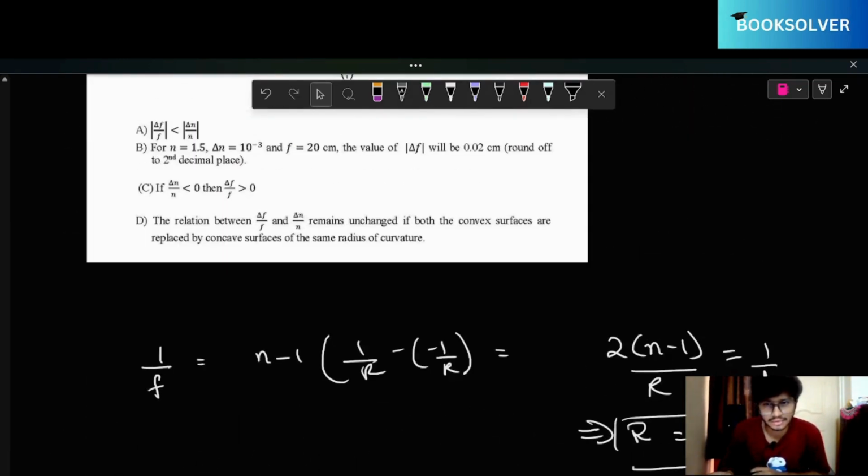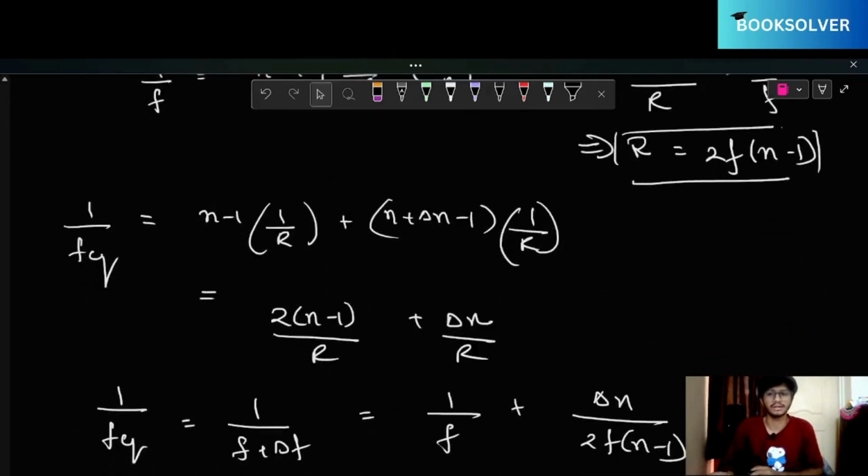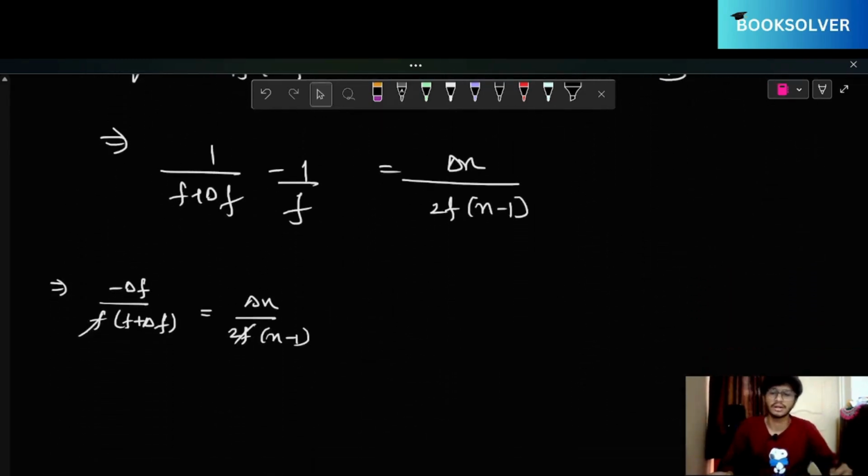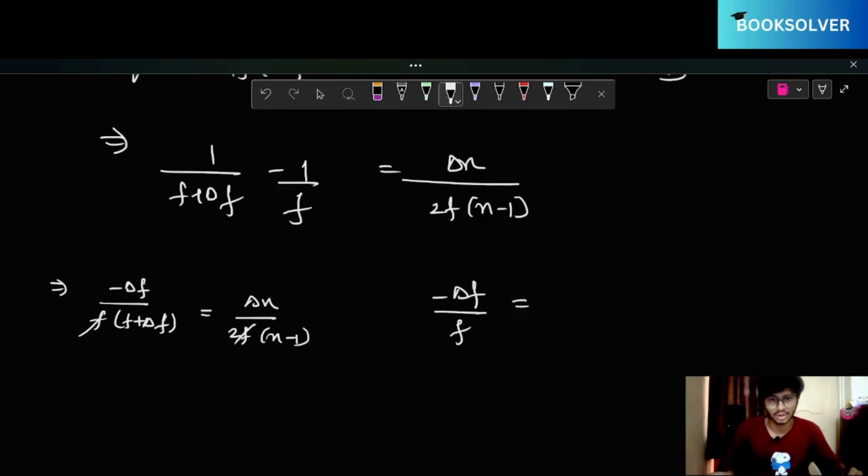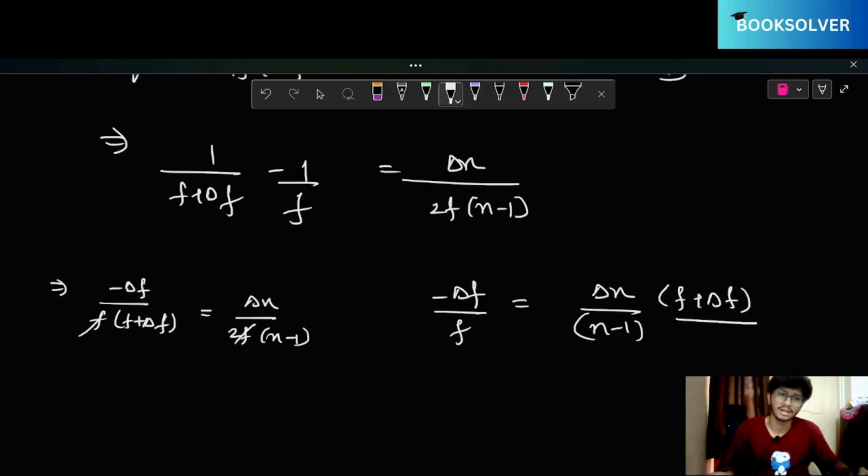Delta F by F is less than delta N by N. Minus delta F by F will be equal to delta N by N minus 1 into F plus delta F by F.